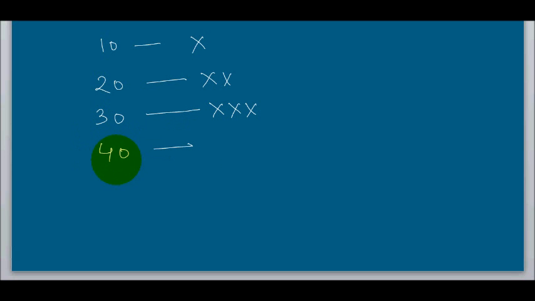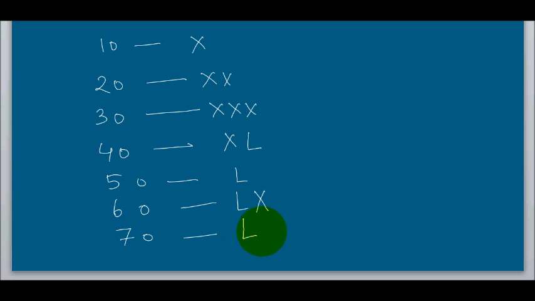For 40, you have to go to a larger number, that means XL. 50, you know, L. 60, you can write 50 plus 10. 70, you can add 50 plus 20. And 80, you can write L and XXX.